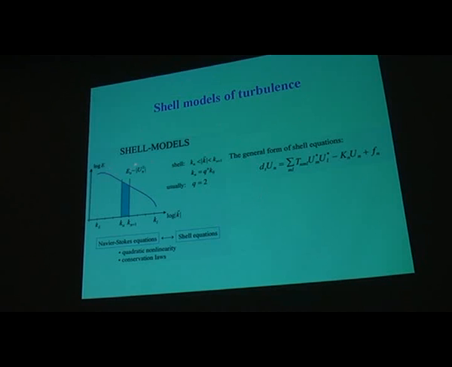So this is just to remind the basic idea of shell models. They are low-dimensional models in which a shell means a shell in K-space, in Fourier space, and for each shell one introduces a few, one, two, sometimes a bit more, variables to describe the fluctuation of the velocity field or magnetic field in the given shell.